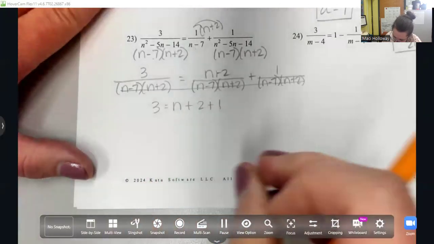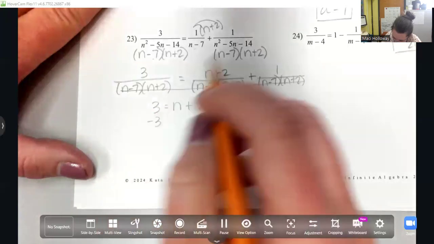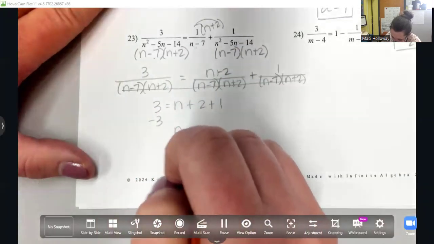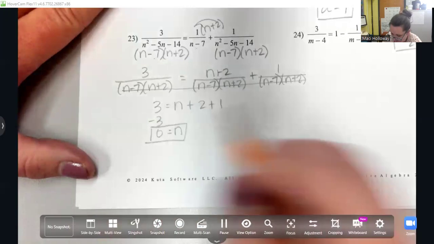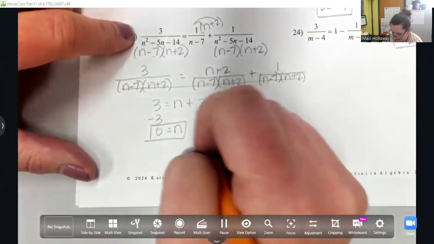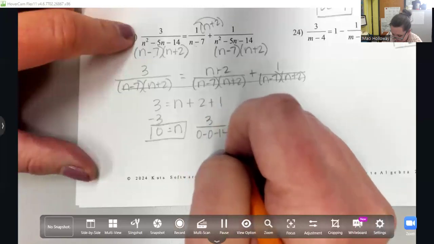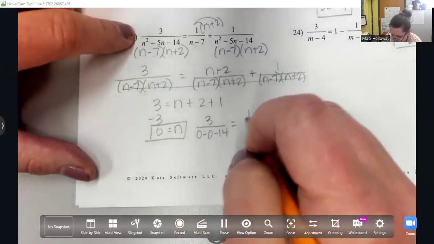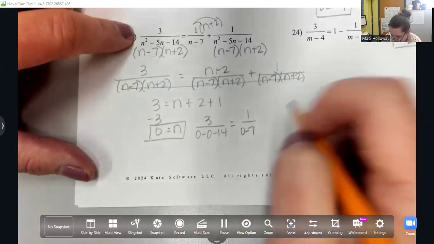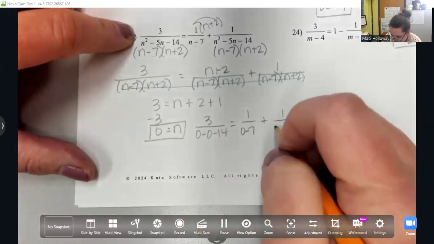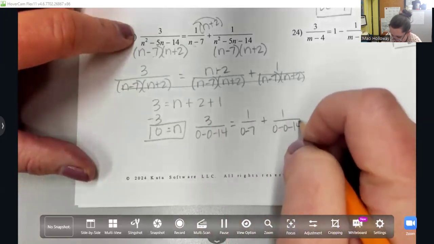I feel like this is just going to be super easy. Minus 3 and n equals 0. Okay. So we have 3 divided by 0 minus 14 equals 1 divided by 0 minus 7 plus 1 divided by 0 minus 14.